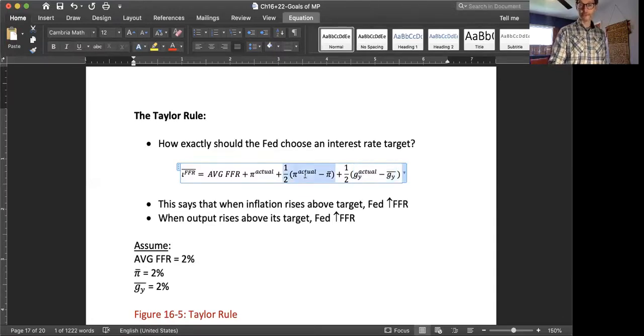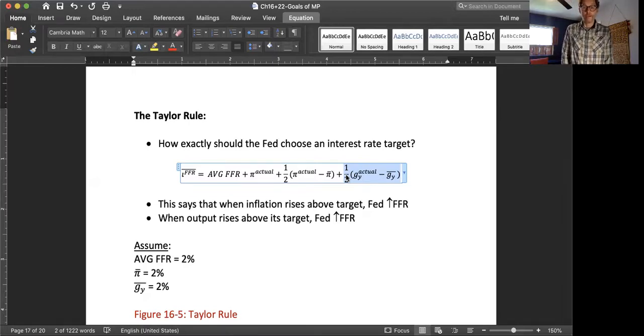So this captures how far we are from our targeted inflation and how far we are from our targeted output. Why do we have a half here? That half is basically the weight we put on those. In this formulation, we're assuming that the Fed weighs them both equally by half.